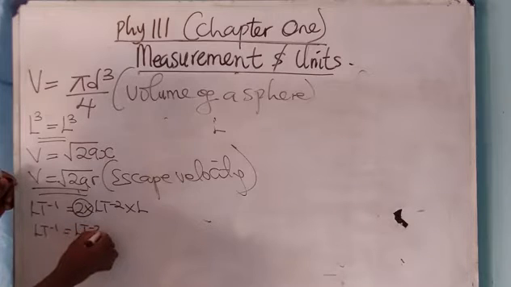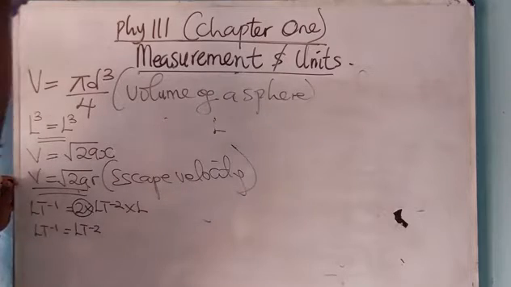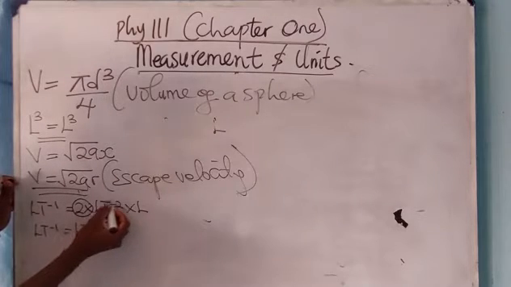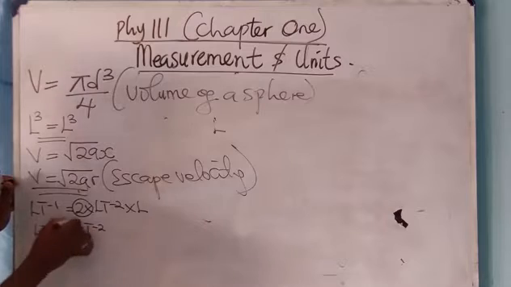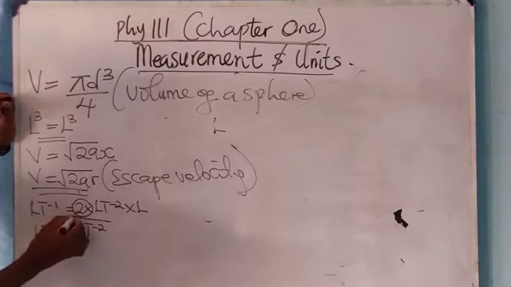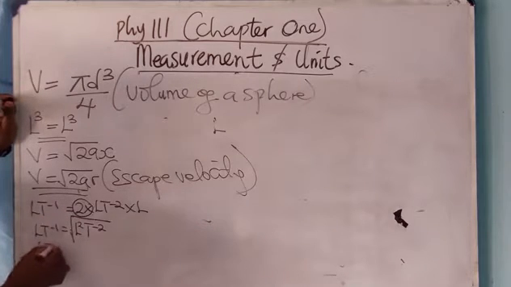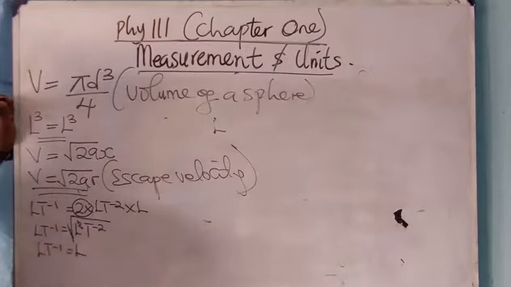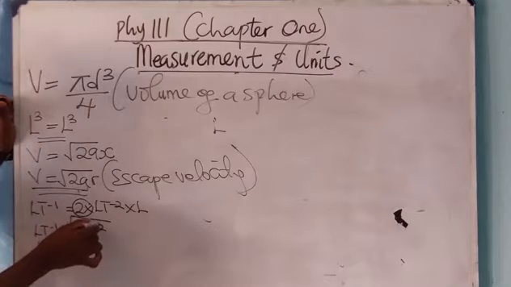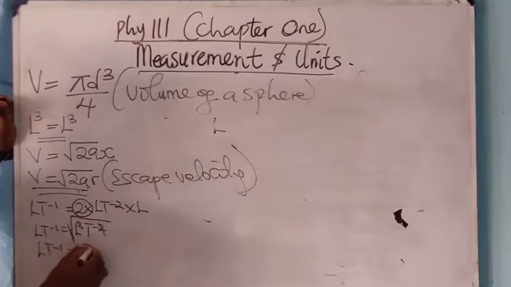That means LT⁻¹ equals LT⁻², times L, so we now have L²T⁻². You know there's a root here. So this root is a 2: 2 into this 2 you have L, then 2 into this 2 you have T⁻¹.